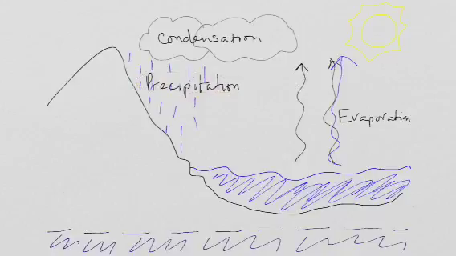Precipitation hits the surface of the earth, or it lands on a lake or a water body. Okay? If it lands on the surface of the earth it can do one of two things. The earth will either absorb the water, or the water will run off the surface of the earth.